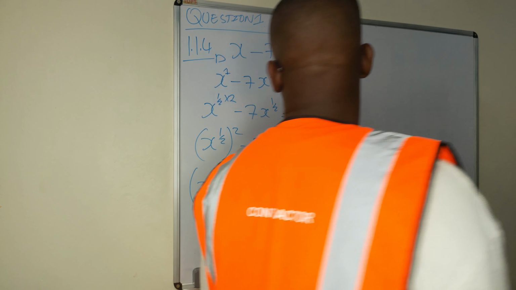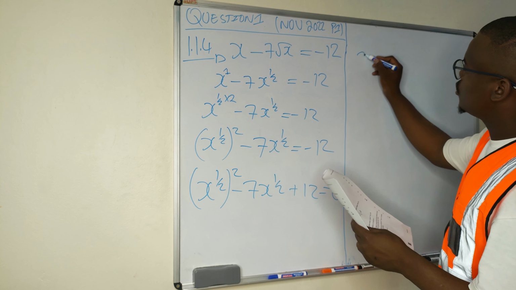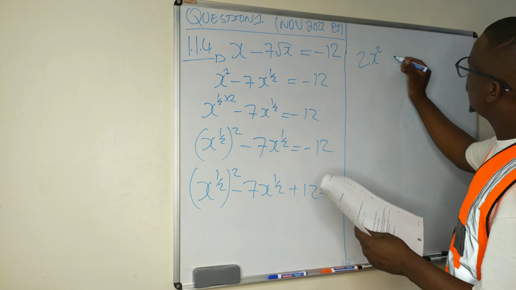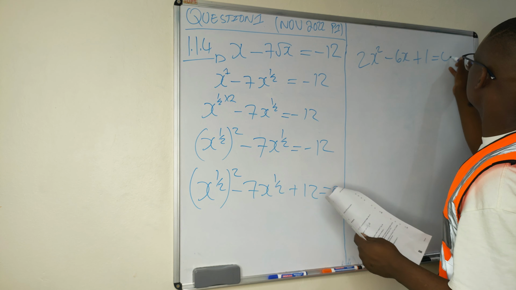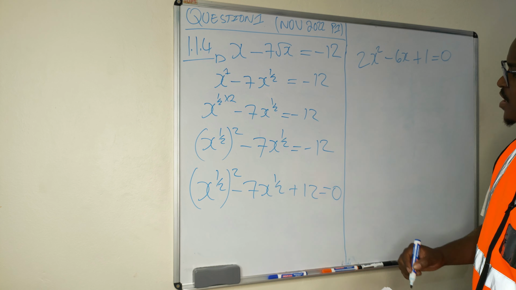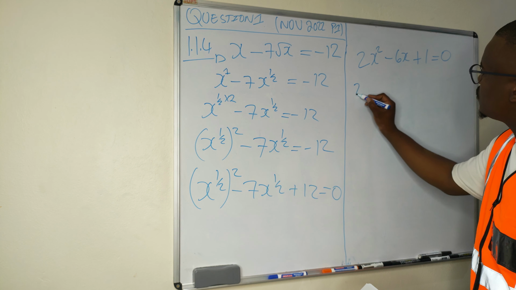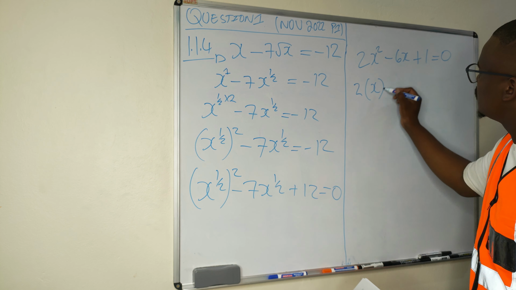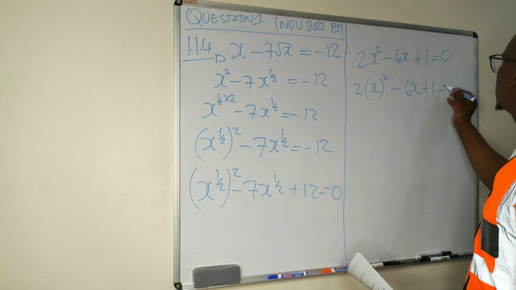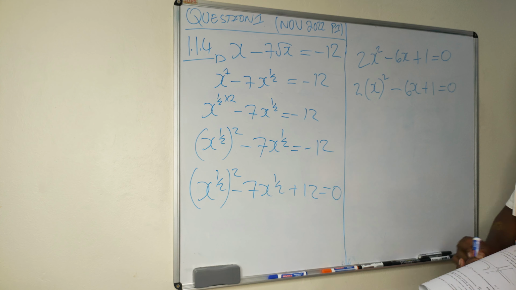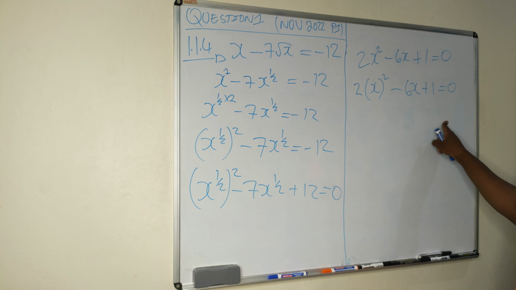At 1.1.2, we had something along the lines of 2x squared minus 6x plus 1 is equal to 0. This had exactly the same shape. These two things are similar.